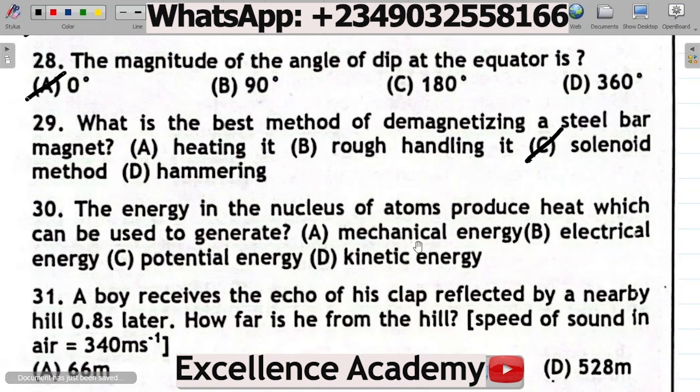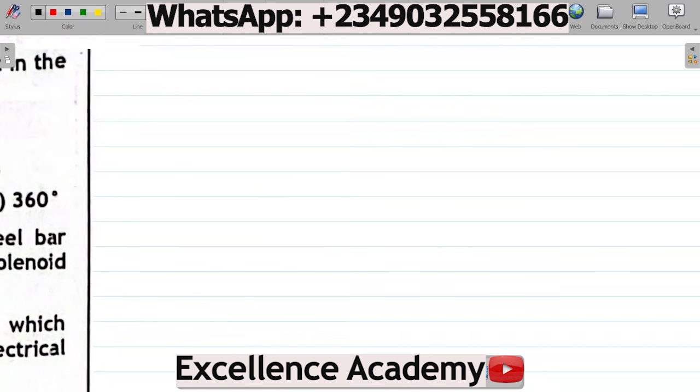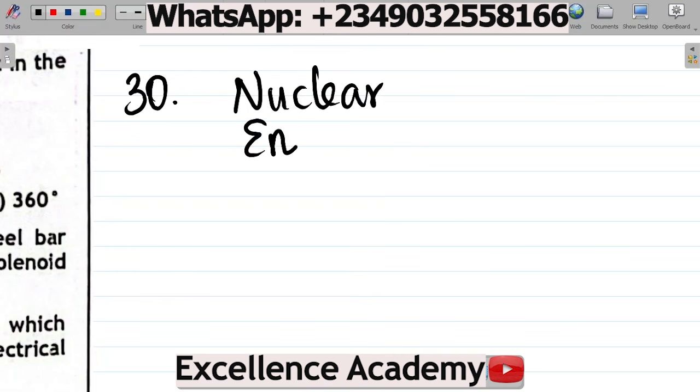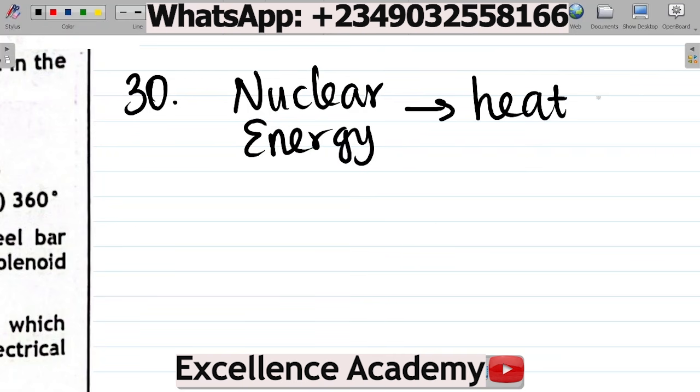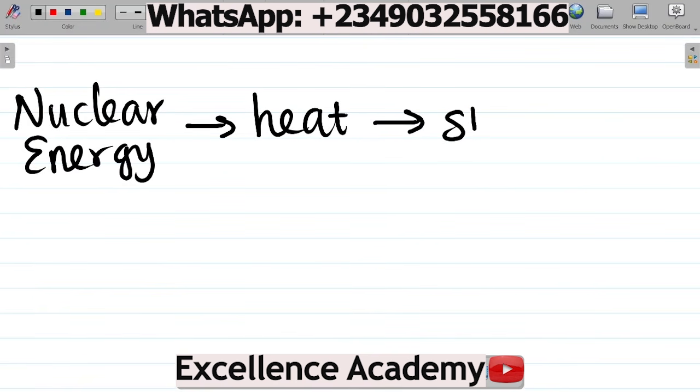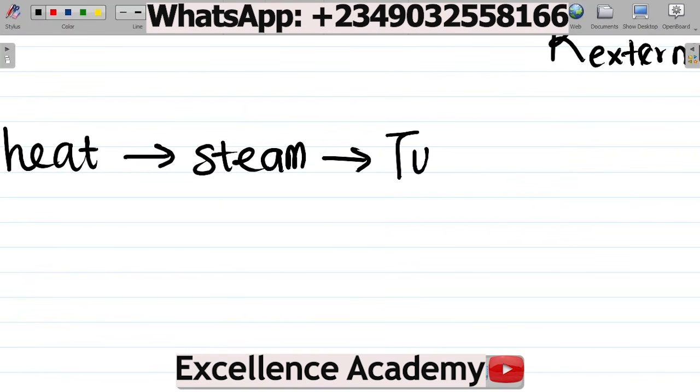Now, for question 30, you want to note that usually nuclear energy is used to produce heat. This heat is used to make steam. And of course, this steam is used to run a turbine.